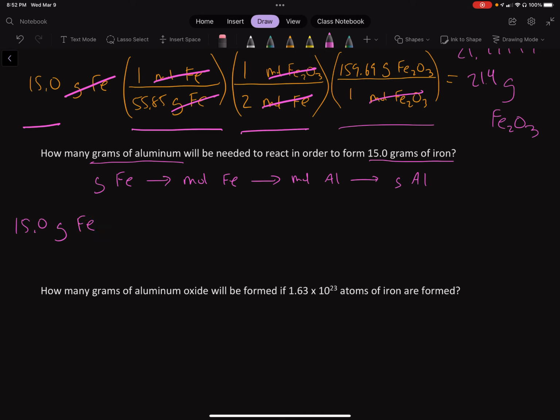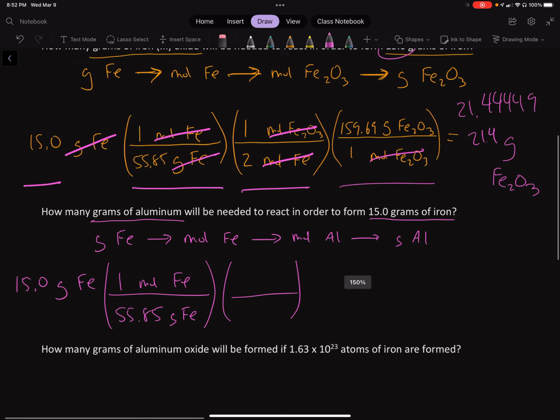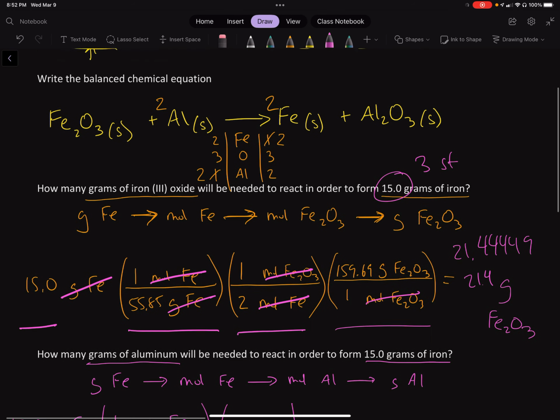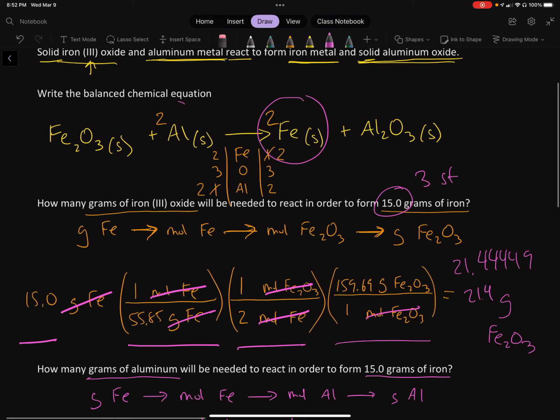We'll have 15 grams of iron, and to convert to moles of iron, we'll use the molar mass, just like before, 55.85 grams of iron per mole. But then the second conversion, since we're going from iron to aluminum, we need to figure out, okay, what's the molar ratio going from iron to aluminum?